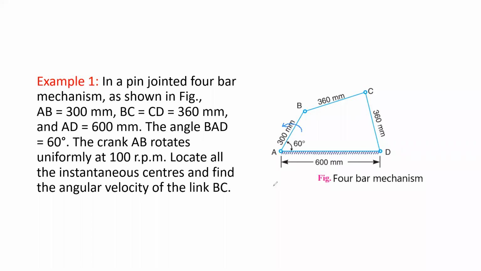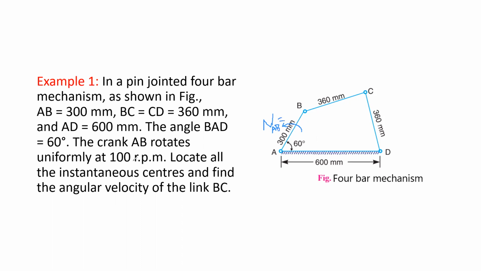Okay, so accordingly it will pass its motion to other links, and its rotation is 100 RPM. So you are given the RPM. RPM we denote with the help of capital N. So RPM of link AB, you can write it like this. It is equal to 100.